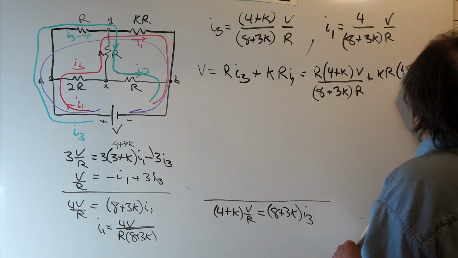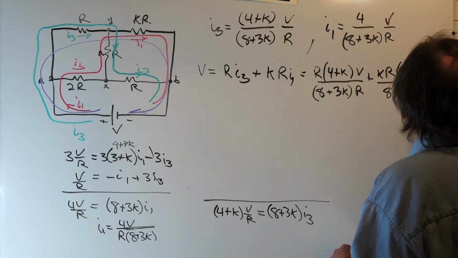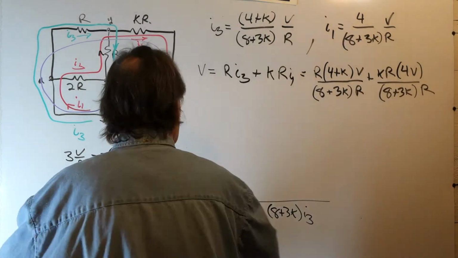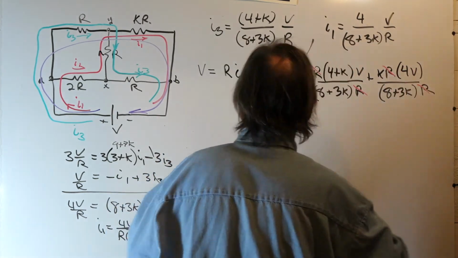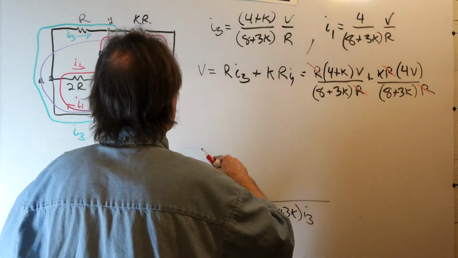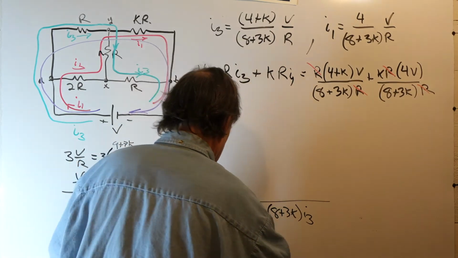I1 is 4V over 8 plus 3K R. All right, in both cases here, we see that our R's cancel. And we have V on each side. We can cancel it. Well, we'll just carry it right now.